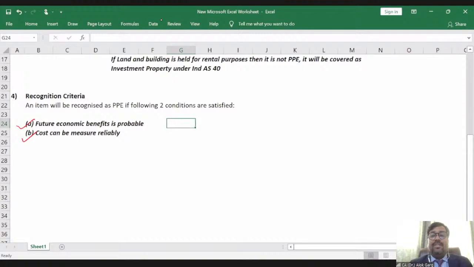So now this machinery is of no use except to be sold as scrap. This machine is not having any use. So guys, can I capitalize this? Can I recognize this machinery as property, plant and equipment in the balance sheet? Priya, what is your answer? Sairam?